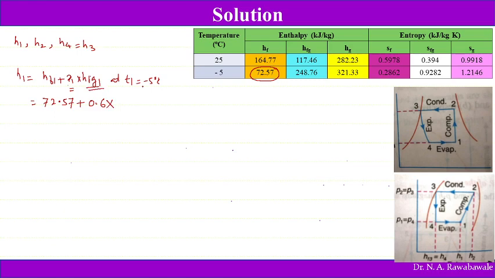Then HFG1 is 248.76. On simplification, we get it as 0.6 into 248.76 plus 72.57. So this is 221.82 kilojoules per kg.